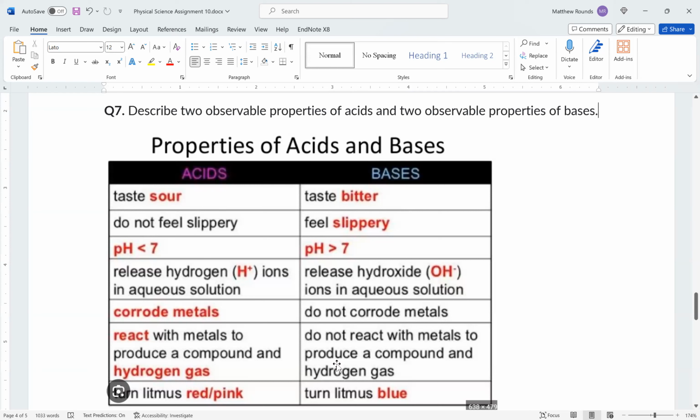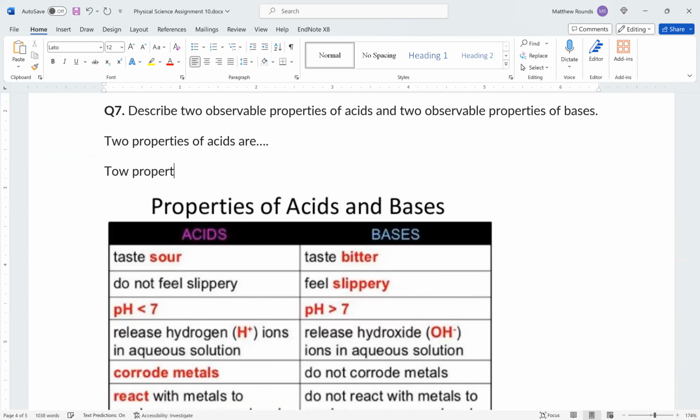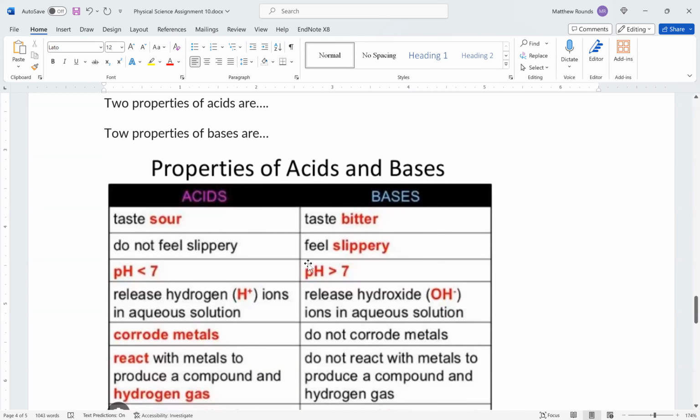So I guess just give me a sentence for acids, a sentence for bases. You could just say like two properties of acids are, fill in the blank. Two properties of bases are, fill in the blank. Could you put together a couple of sentences for that for us?